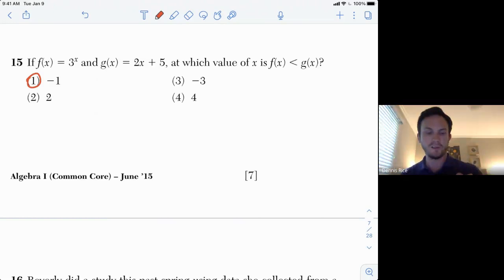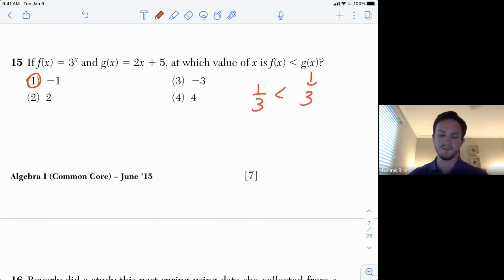The other choices, like for 4, we have 81 versus 13. So no, it's not going to win that. The only time that the linear is winning here is at negative 1. At negative 1, g is 3, and f of negative 1 was 1/3. So that's the only case where that happens, where x equals negative 1. This is all on the calc.